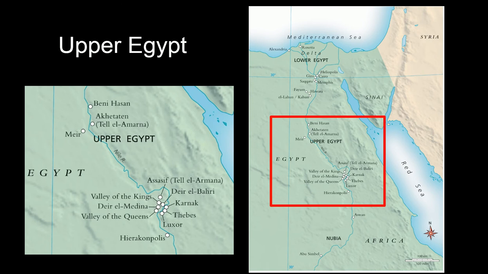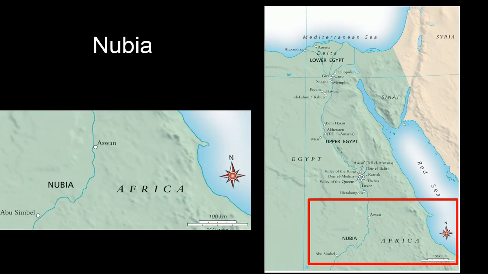So make sure you particularly make note of where Karnak, Thebes, and Luxor are, all right? And then finally, there's another area that was conquered by Egypt called Nubia, and there are some ruins or temples that we'll be looking at in a place called Abu Simbel. Okay?